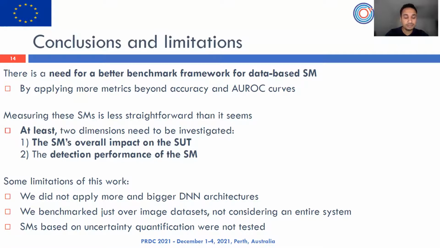And we benchmarked just over image datasets, and we didn't consider the entire system. We considered just this small component that is giving a prediction, and looked at the safety monitor decision. And we didn't apply any type of uncertainty quantification methods inside of this framework.